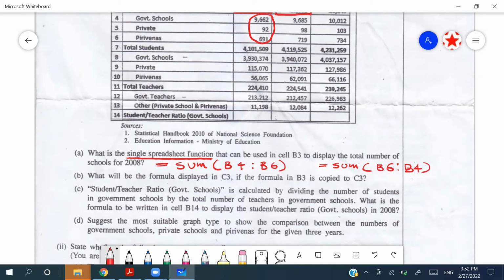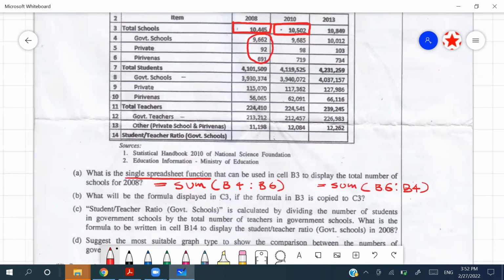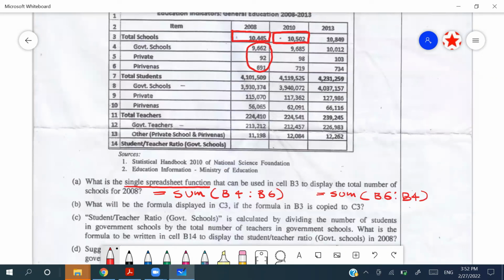They are asking about 2008, in cell B14, right over here. Student-teacher ratio is calculated by dividing the number of students in government schools by the total number of teachers in the government schools. So the total number of students in the government school is this.